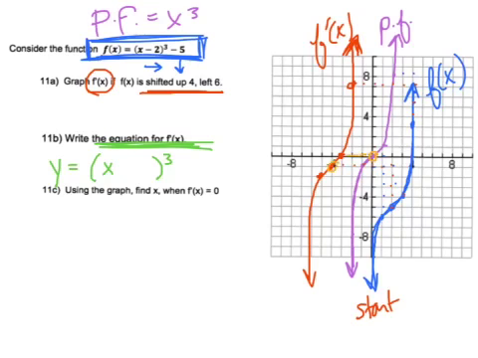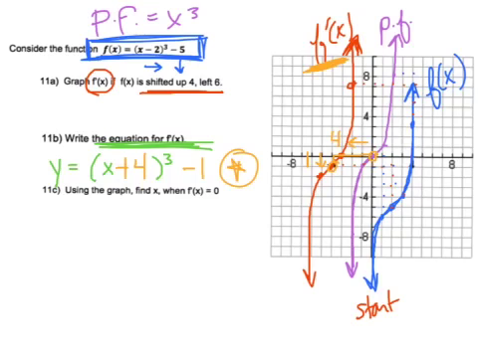How many over and down? So we went left 4 units, and we went down 1 unit. And how are we going to write that in our equation? Well, down 1, we just subtract a 1 from it. Left 4, remember it's the opposite of what you think, so we're going to have plus 4. And right here is our new equation for the red line, which is what they wanted.